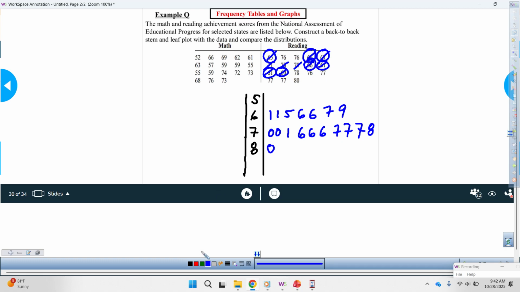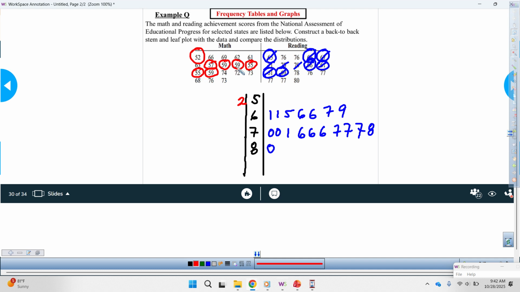Let's go with math. I'm going to switch to red. In the 50s, it looks like we got this one, this one, this one, this one, this one, this one, and this one. All right, the lowest one is what? 2.